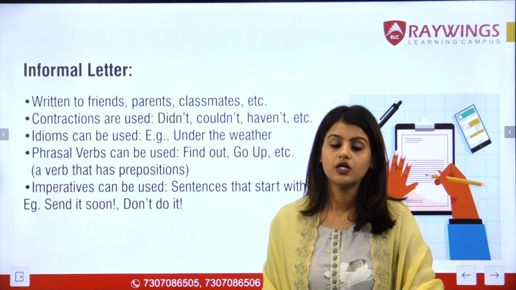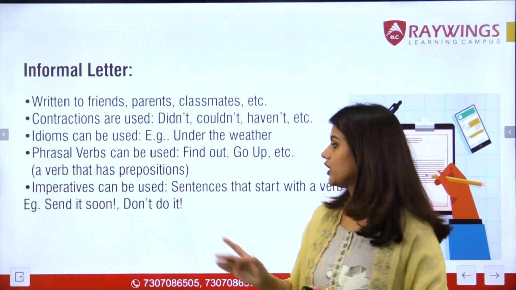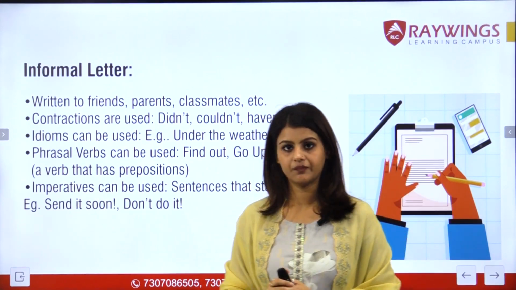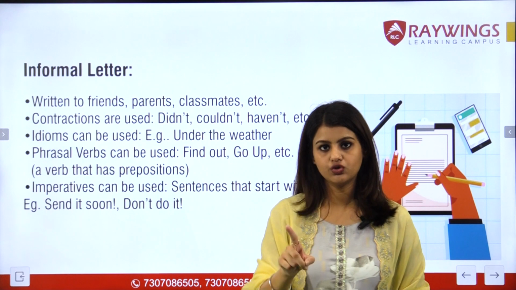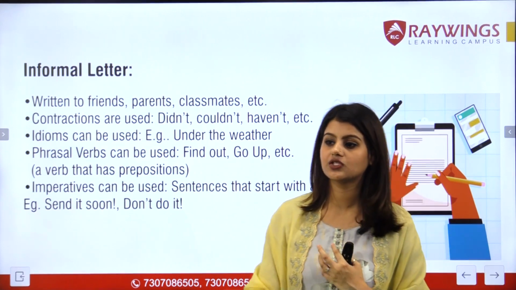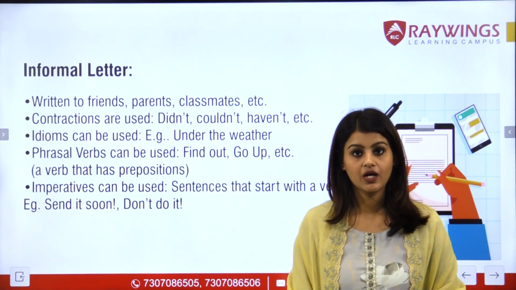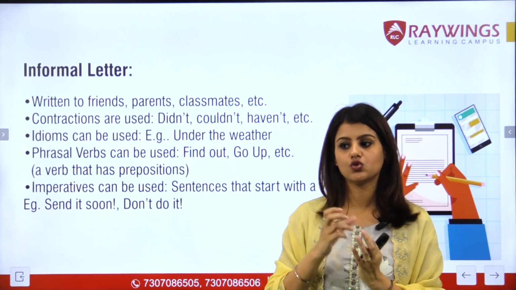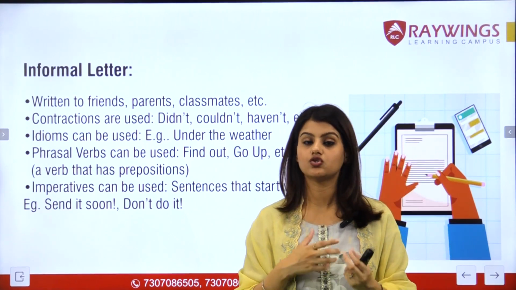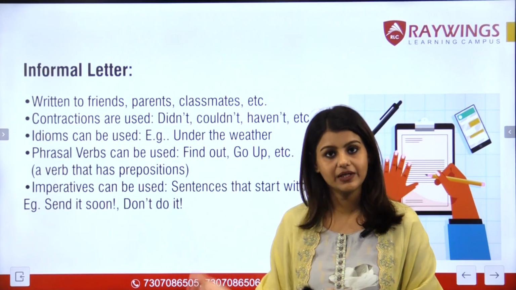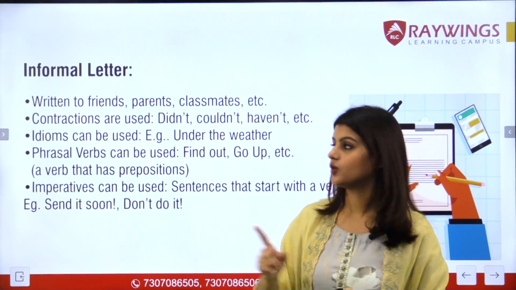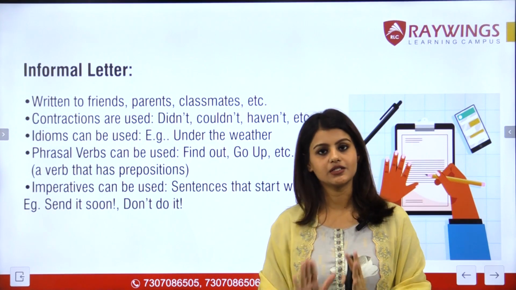Send is a verb. So this type of sentence is called an imperative. So, send it soon, don't do it. Instead of saying something else, we are directly saying don't do it. So don't is again a verb. So small sentences that start with a verb are called imperatives, and you can use them in case of informal letters, that is allowed.